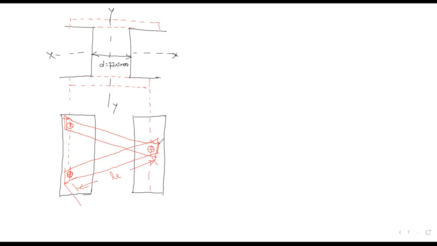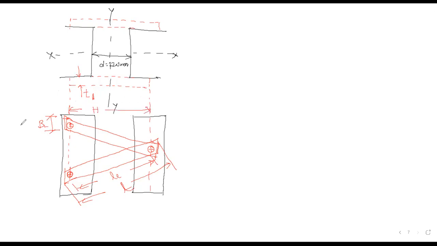The edge to edge distance is the actual length of the lacing bar. This is the width of the lacing bar, BL, and this is the thickness of the lacing bar, TL.